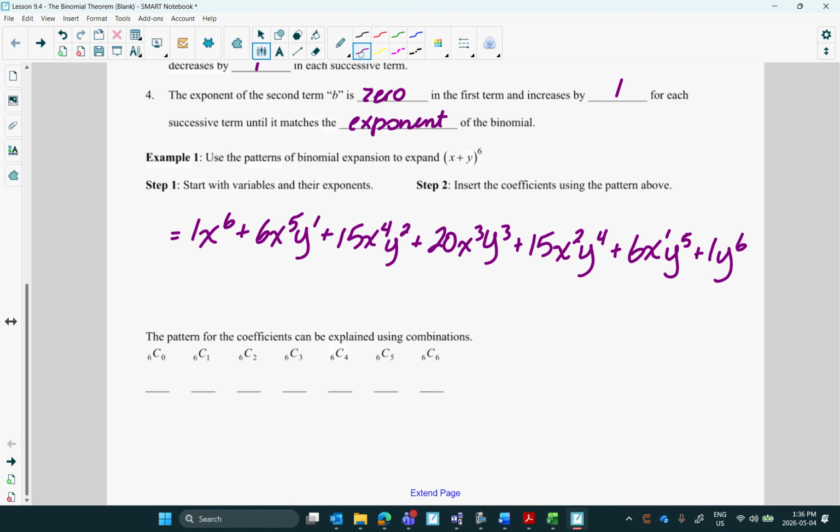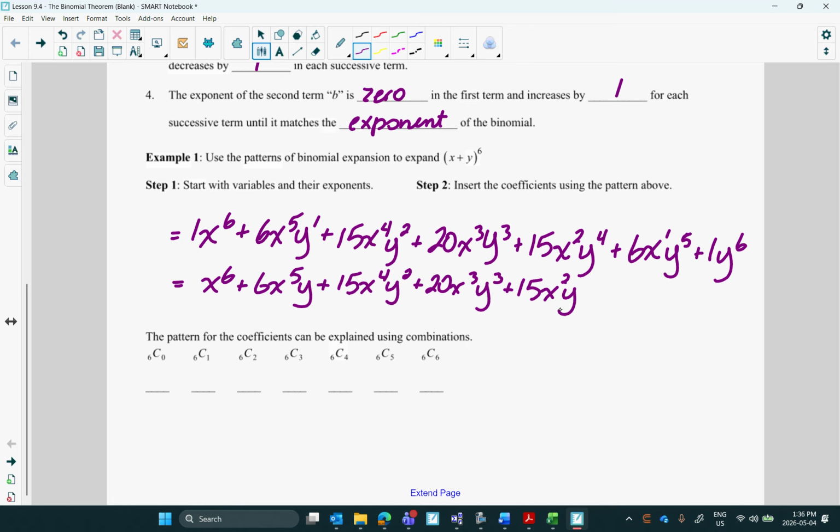So your final answer would be x to the 6th plus 6x to the 5th y plus 15x to the 4th y squared plus 20x cubed y to the third plus 15x squared y to the fourth plus 6xy to the fifth plus y to the sixth. Any coefficients of 1, I remove them. Any exponents of 1, I remove them. Okay.